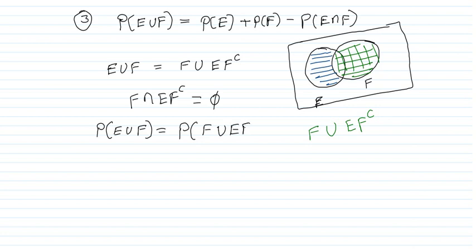Since these two are disjoint, I can express this as the probability of F plus the probability of E intersection with F complement. So this is what I get for the probability of E union F. Let me take it as expression 1.